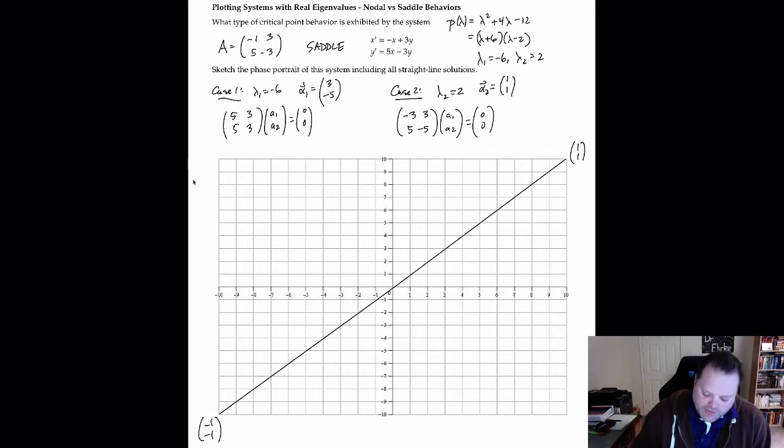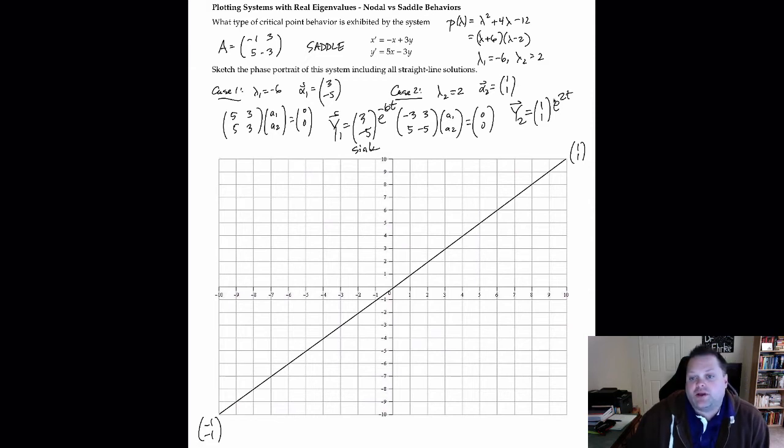So for example, the solution that corresponds to this eigenvector is 3, -5 e to the eigenvalue, which is -6t, right? Because that exponential is negative along this eigenvector, over time the magnitude of the vector will get smaller. So this is where my sinking behavior is coming from. And this one is y2 equals 1, 1 e to the 2t.